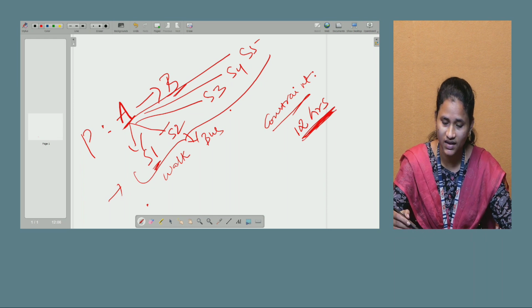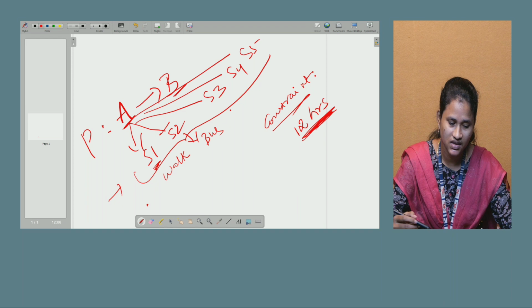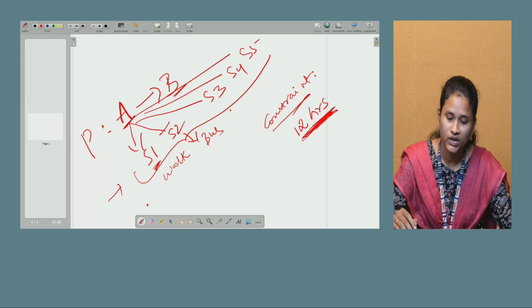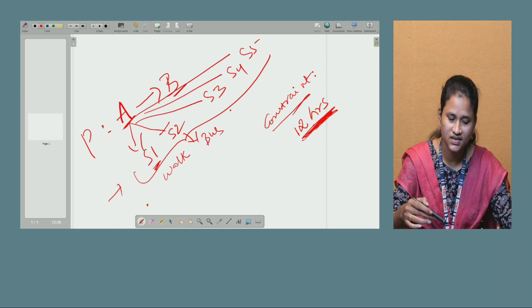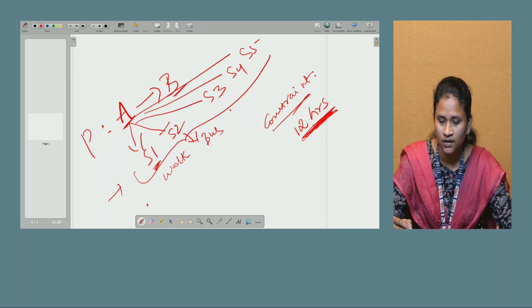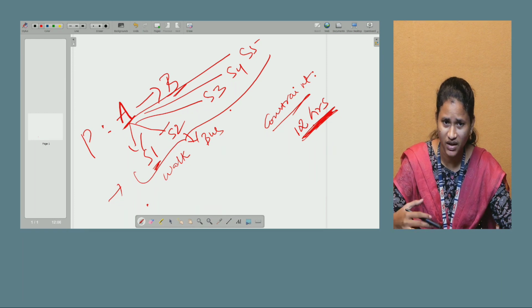This is one constraint. Without a constraint, we have many solutions, that is S1, S2, S3, S4, S5, so we can have many solutions without any constraints. Here my constraint is 12 hours. Within 12 hours, I have to reach my destination from A to B.